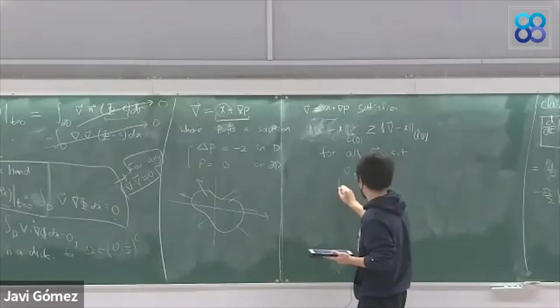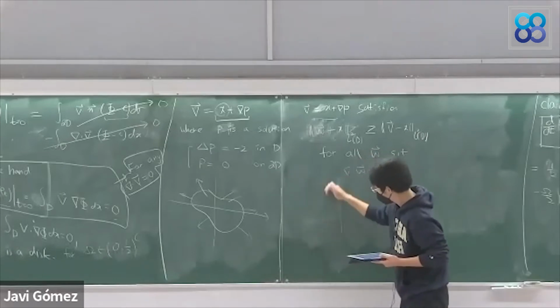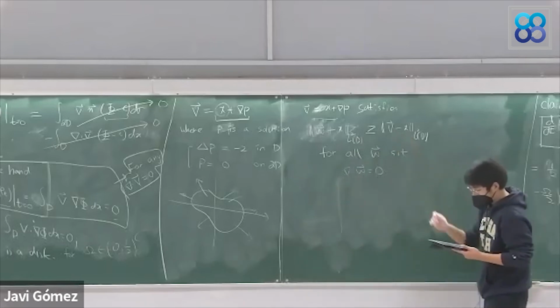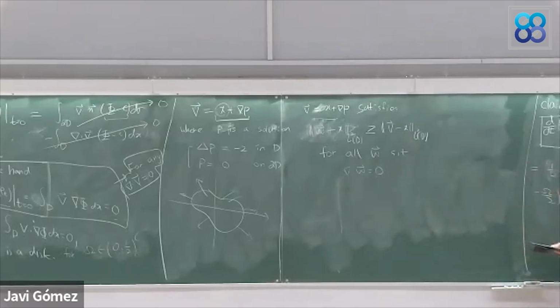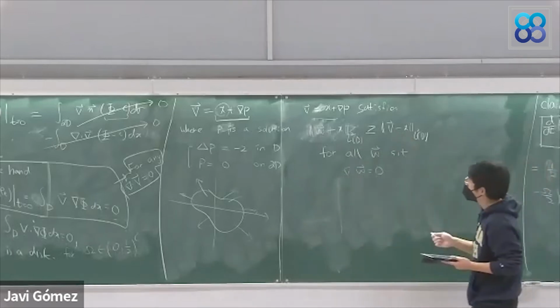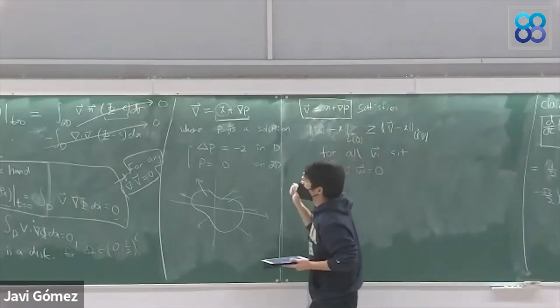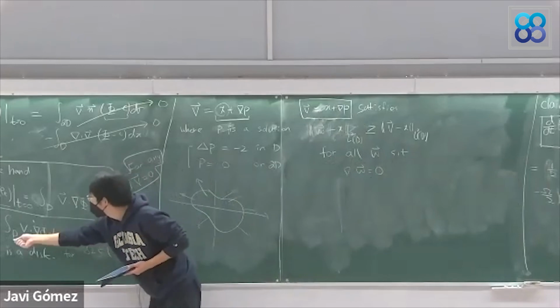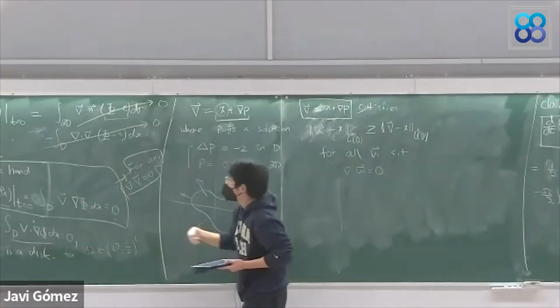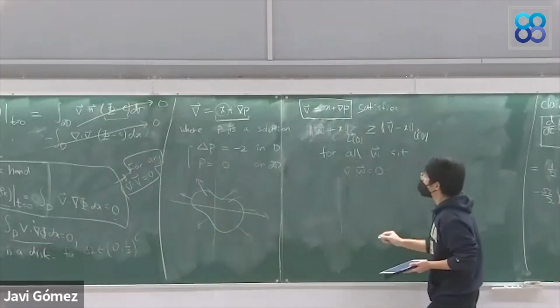So we picked the vector field that is closest to X, and then let's plug this vector field into this formula, which we already know equals 0.